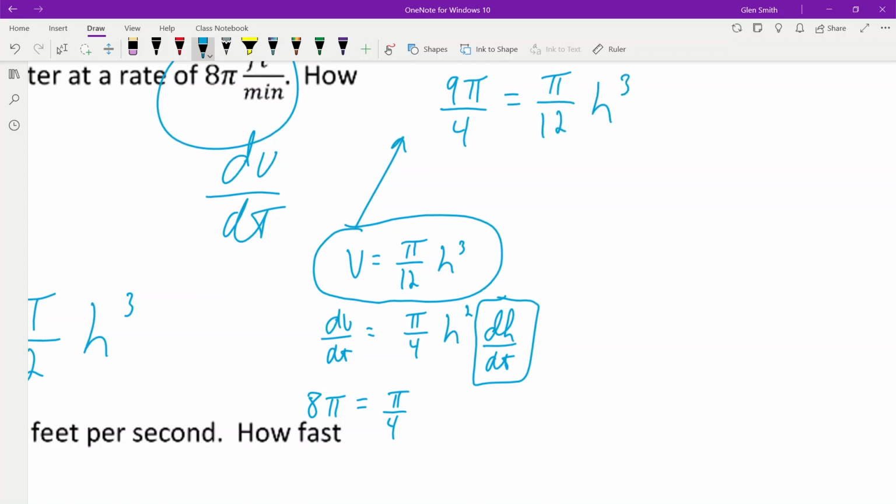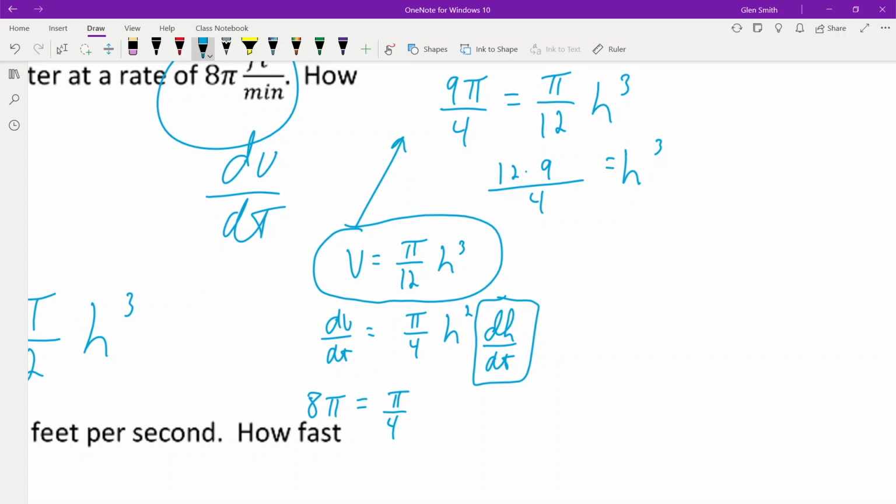And if I did this correctly last night when I made this, this number is going to work out relatively nicely. Okay? So can we solve that for h, do you guys see this? We're going to multiply by 12 and divide by pi to get h cubed. So h cubed is going to be equal to, I'm not going to do 12 times 9 because this is going to simplify down, okay? And the pi's just cancel. That's what h cubed is. Okay?